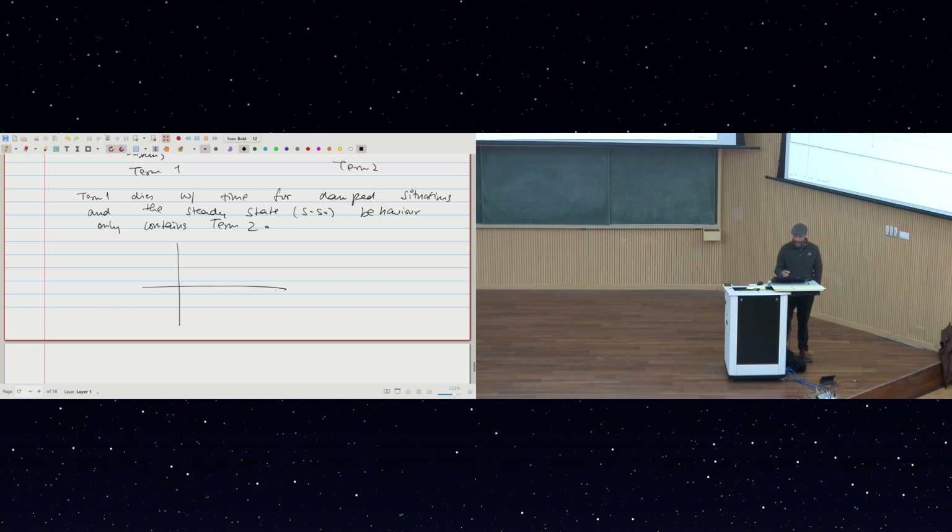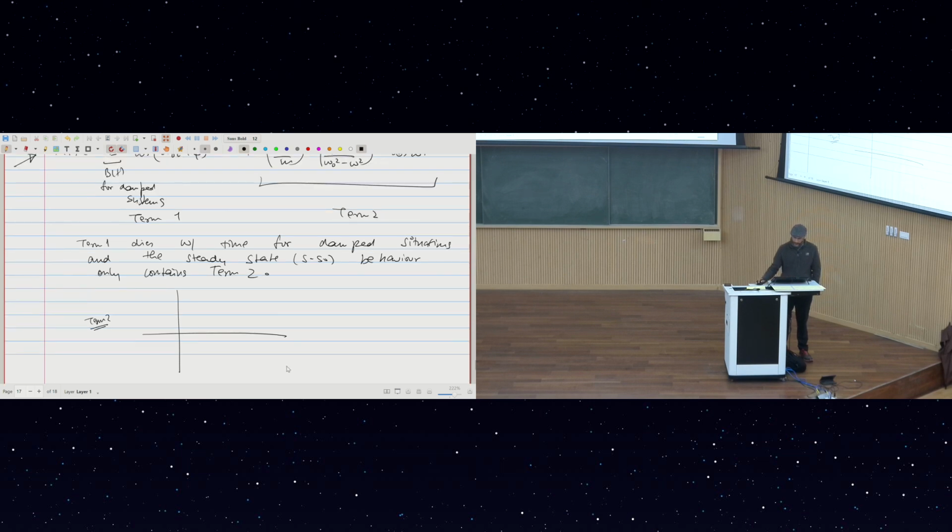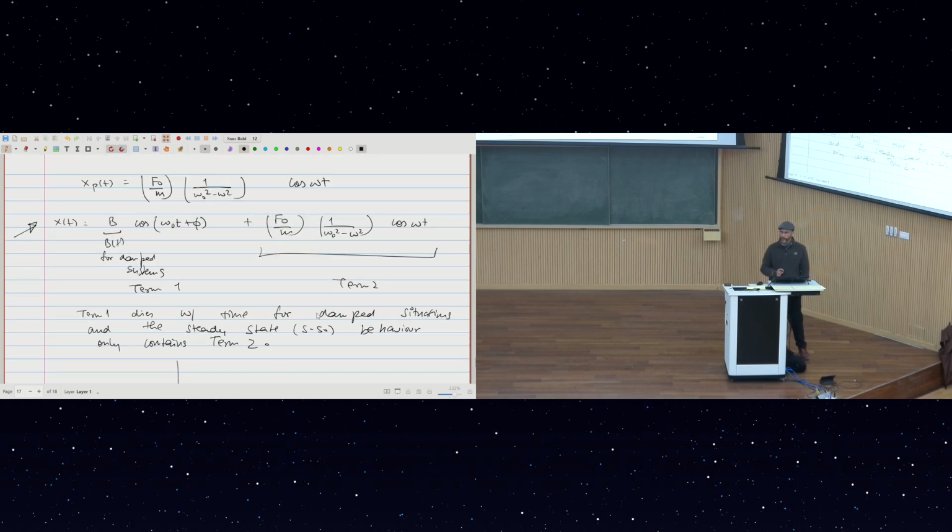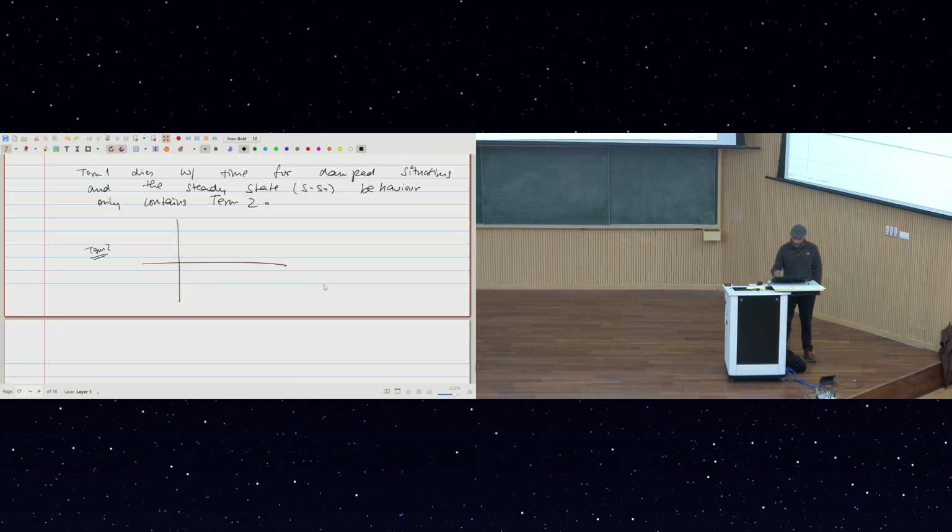So let's see only term 2. So term 2 is oscillatory. It has a frequency equal to frequency of forcing. What about the amplitude? Let's say omega is on the x-axis.